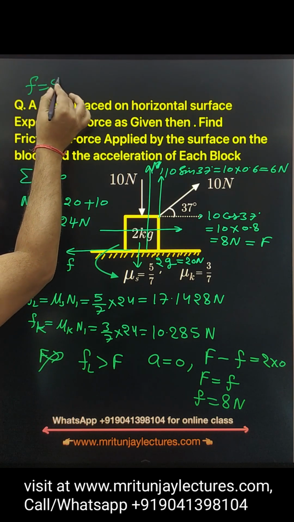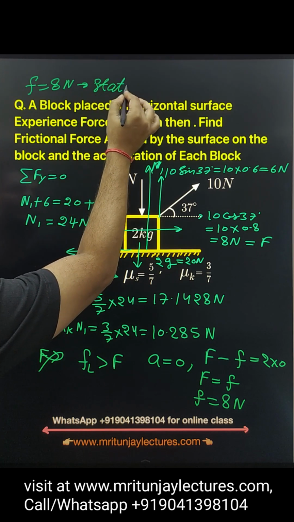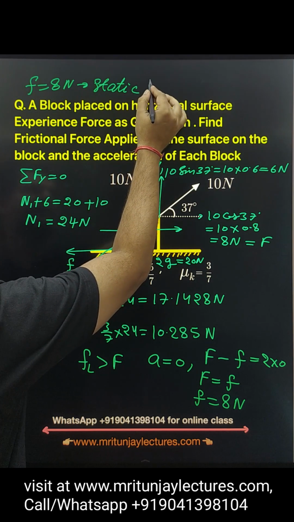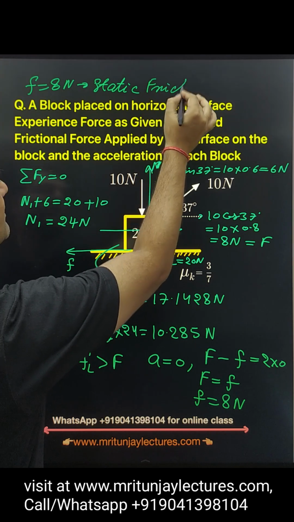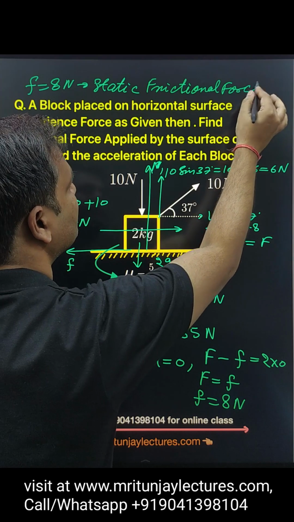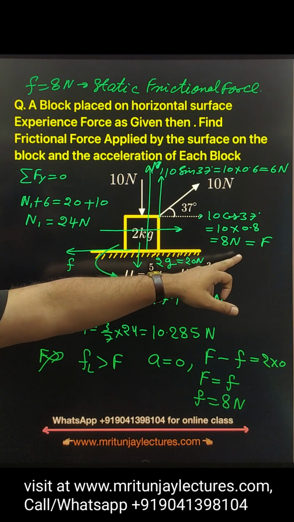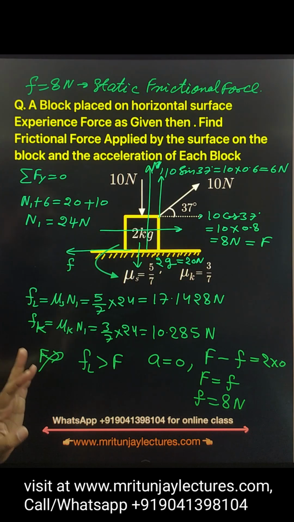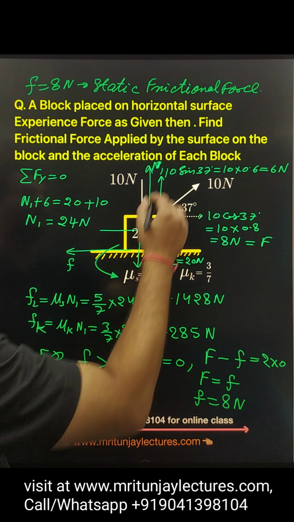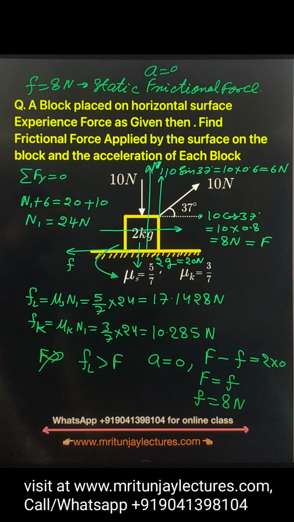Its direction is opposite to the driving force, opposite to the 8 Newton force. I hope that is clear. But what about the acceleration of the block? a is 0. This block is not moving.